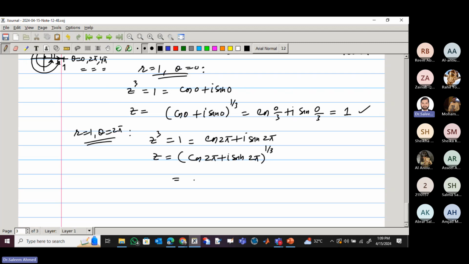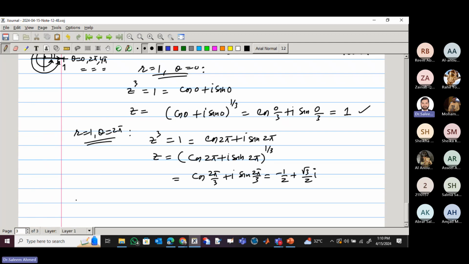Now if you bring 1 over 3 inside, cos 2 pi by 3 plus iota sine 2 pi by 3. So 2 pi by 3 is 120 degrees. So sine 2 pi by 3 is square root of 3 by 2, and cos is minus 1 by 2. So you get minus 1 by 2 plus square root of 3 by 2 iota. This is what you got.